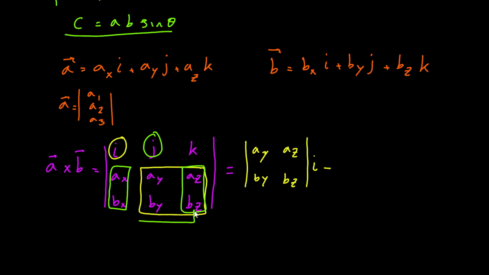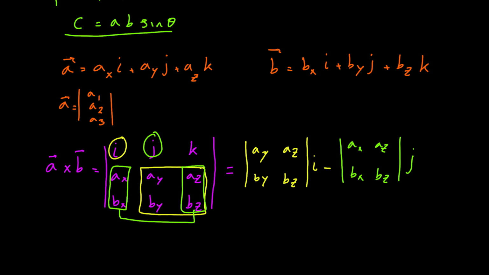So these two. And let's write it down. So it's going to be AX, AZ, BX, BZ multiplied by J. And the most important part is that here is going to be a negative.